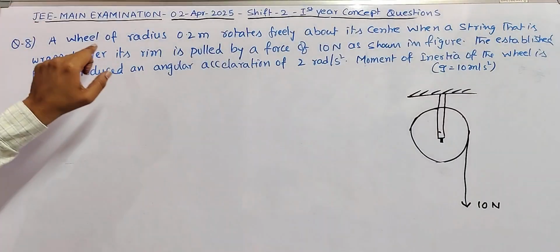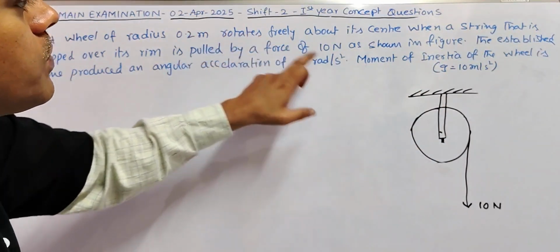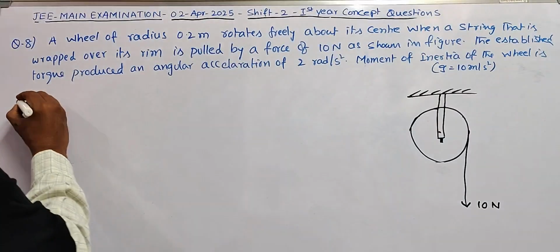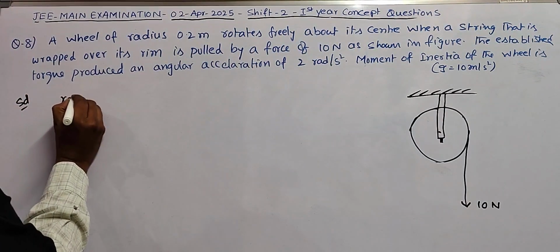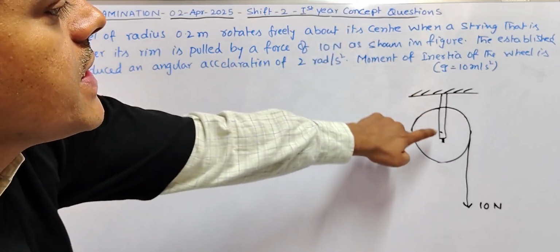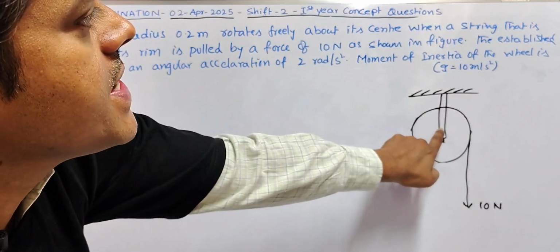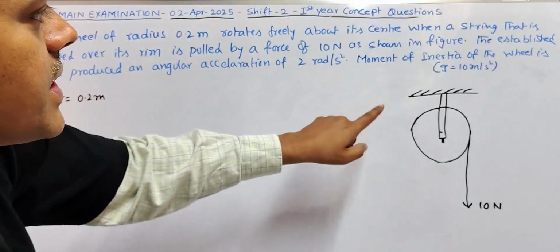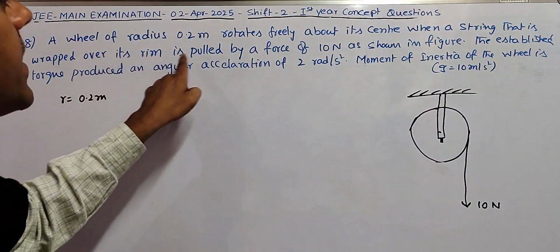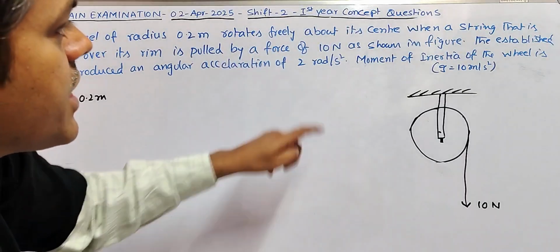Okay, the 8th question. This is a wheel of radius 0.2 meter. Given, the radius of the wheel R is equal to 0.2 meter. It rotates freely about its center. A string is wrapped over its rim, and it is pulled by a force F equal to 10 Newton.